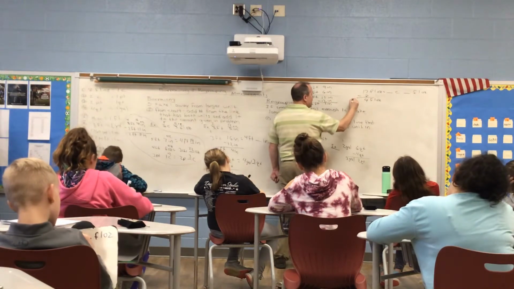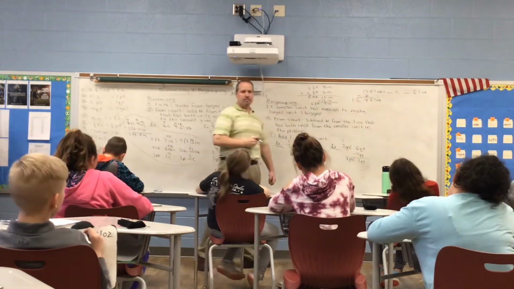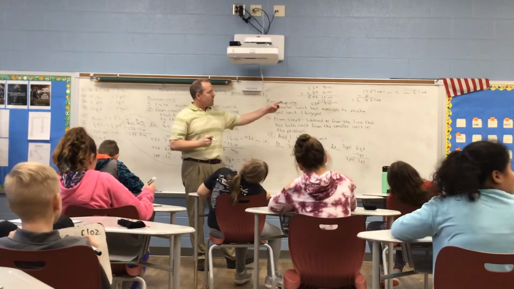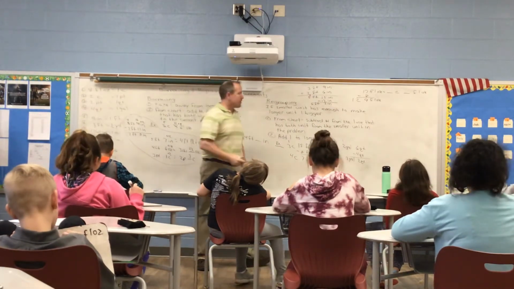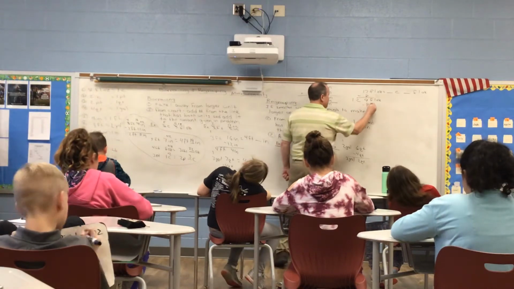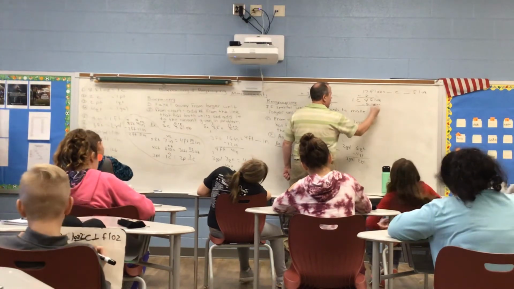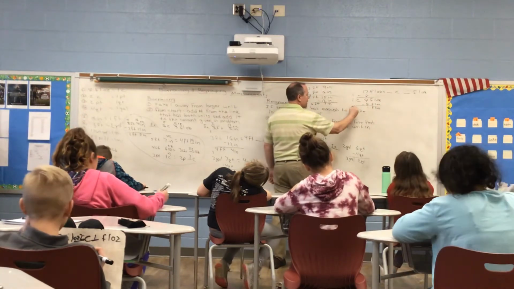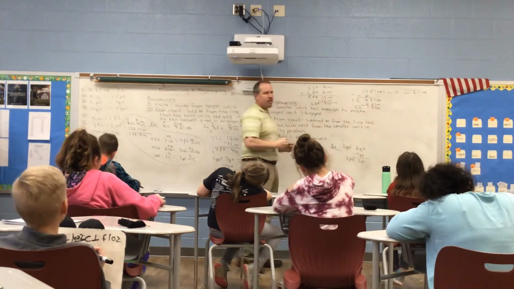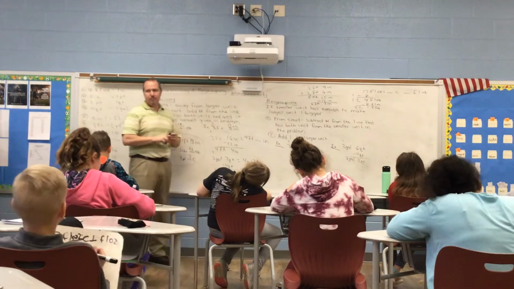That 8 we took away became 1 cup. But we still have 9 fluid ounces. Can we make another cup out of that? Yes. So we subtract another 8 fluid ounces from it. Now we have 1 fluid ounce left over. Those 8 we took away became a cup, and now we have 2 cups and 1 fluid ounce.